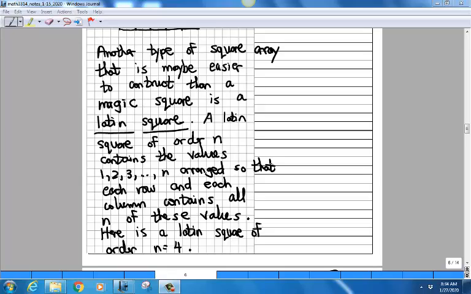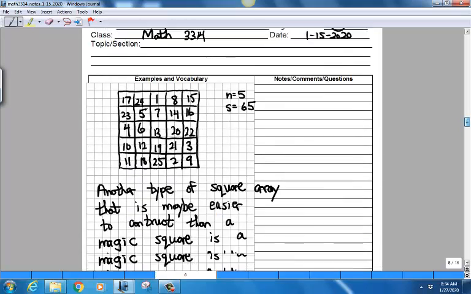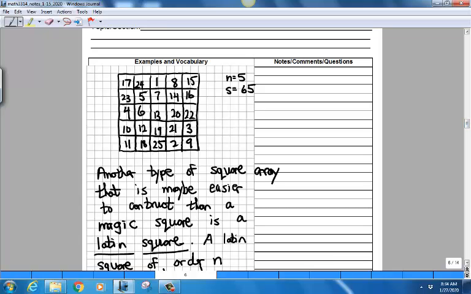So last time we looked at magic squares. That's where you're trying to fill out an n by n rectangular array. This would be a 5 by 5 rectangular array, or you can call it a grid, or I guess you could call it a chessboard. You're trying to fill that in with the consecutive integers 1 to n squared, because that's how many squares there would be.